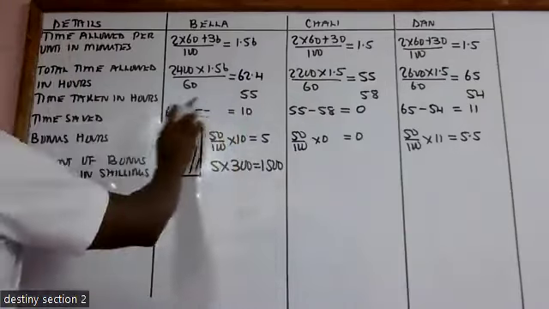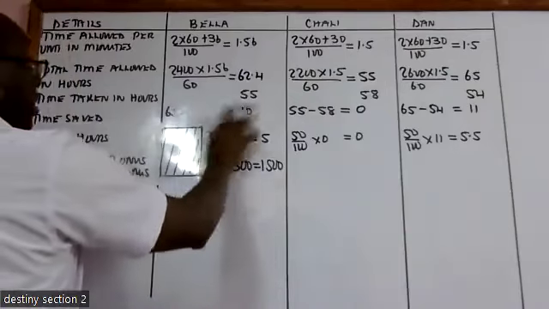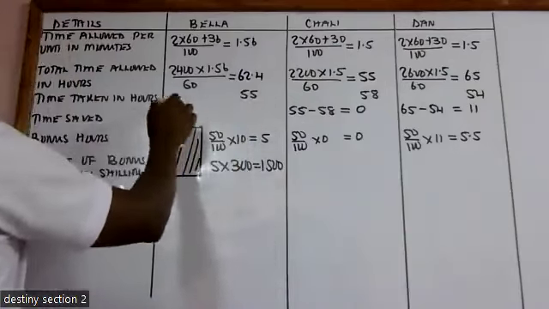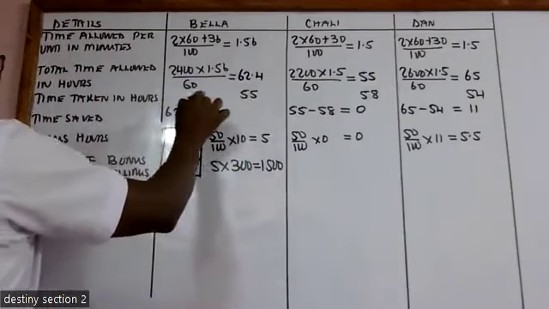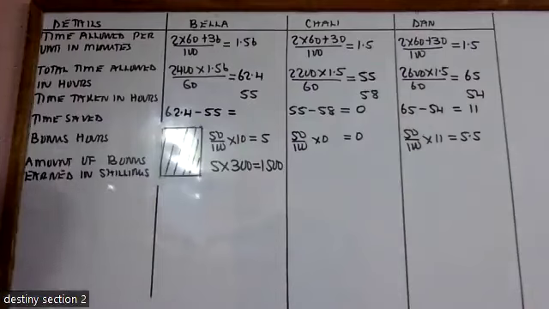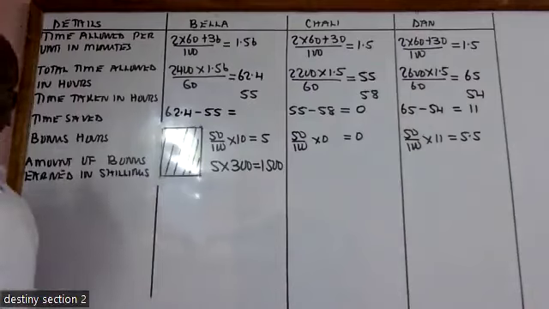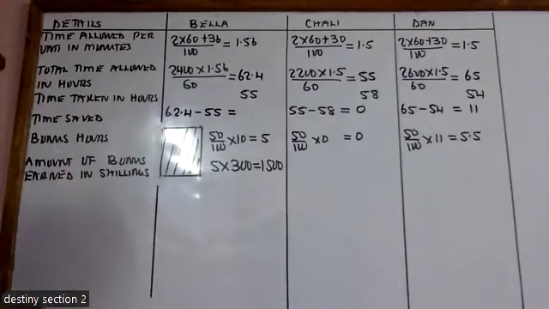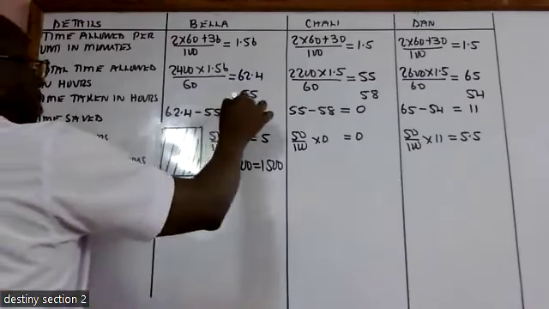So now coming here, we change it to 62.4 minus 55. So tell me the time saved now will be what? Time saved will be, not exactly 4, 7.4. Good. 7.4.